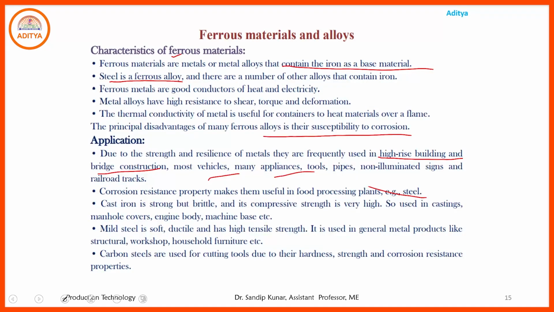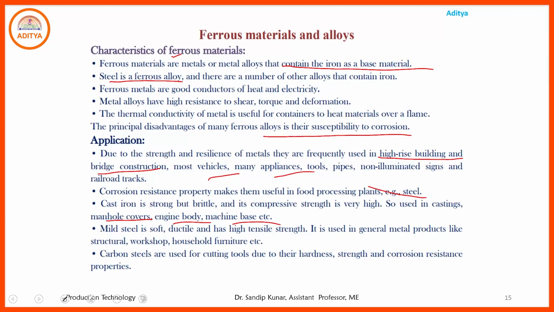Cast iron is a brittle material and also has some rusting properties, but it also has good compressive strength and is used in applications like manhole covers, engine bodies, machine bases. So in every application we have used that type of material.